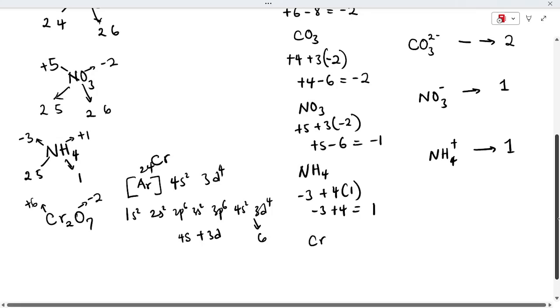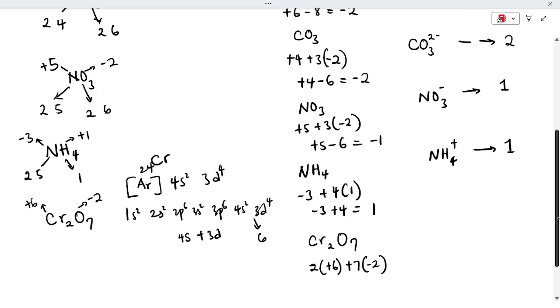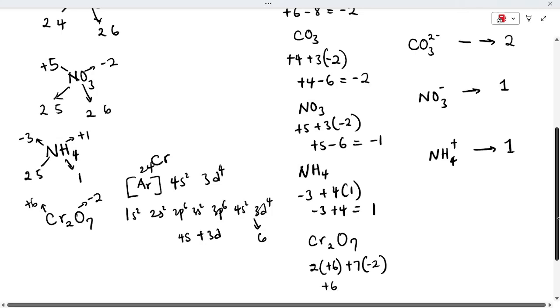We have Cr2O7. Chromium is plus 6, so we have 2 atoms of chromium, which is 2 times plus 6, plus 7 atoms of oxygen, which is 7 times minus 2. This gives us plus 12. 2 times 6 is 12.